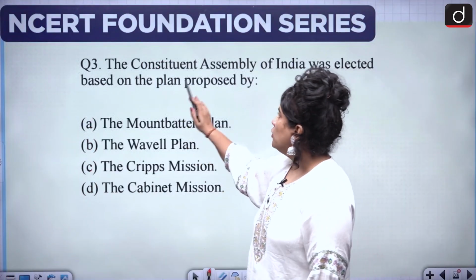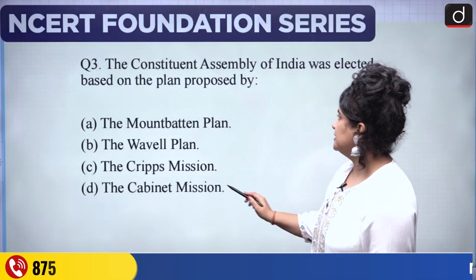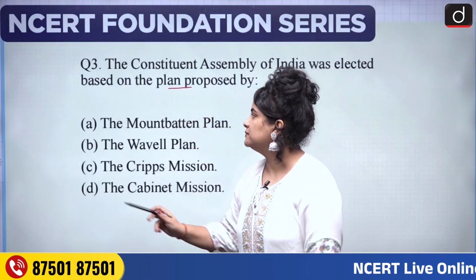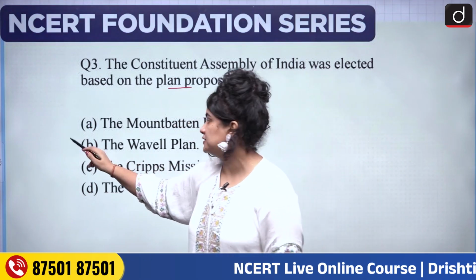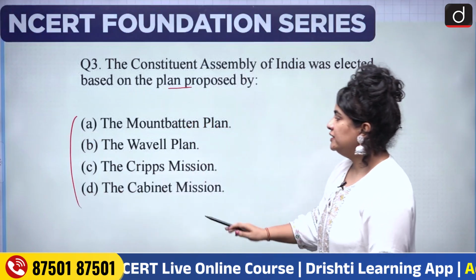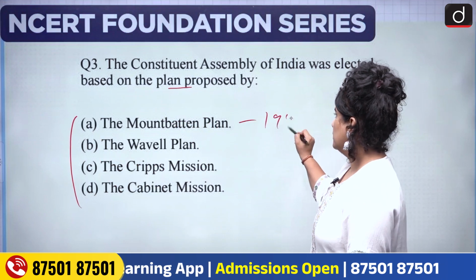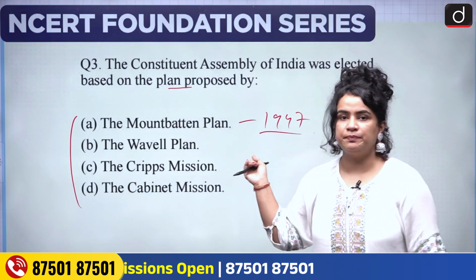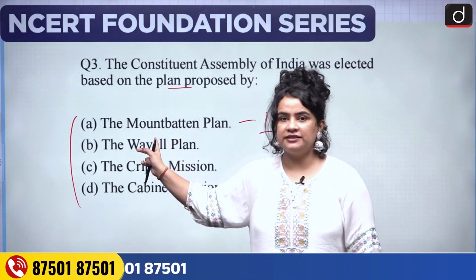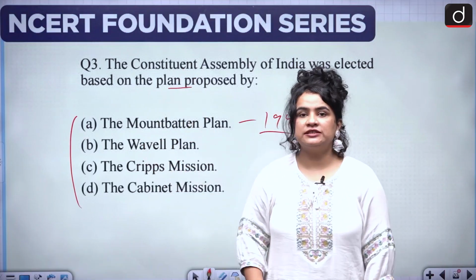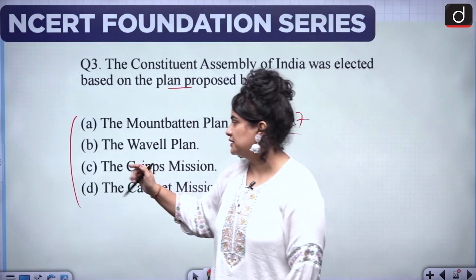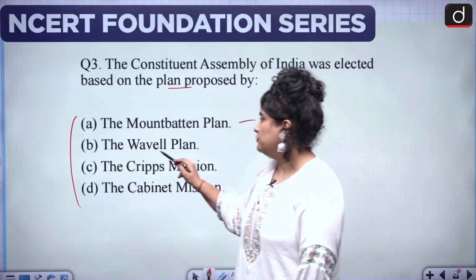Question 3. The Constituent Assembly of India was elected based on the plan proposed by, and here is a list of certain plans that have been given. We'll see them one by one. A, the Mountbatten Plan, also known as the Partition Plan of India. It happened in 1947, and the Constituent Assembly does not seem to be related to it directly. B, the Wavell Plan.